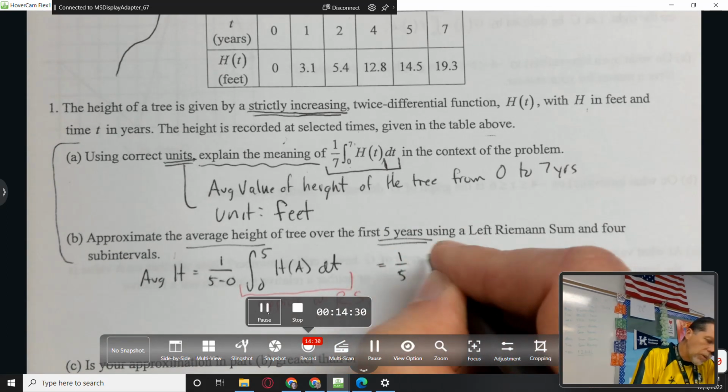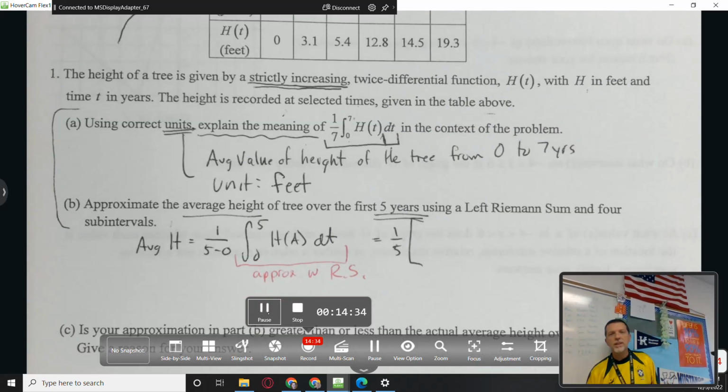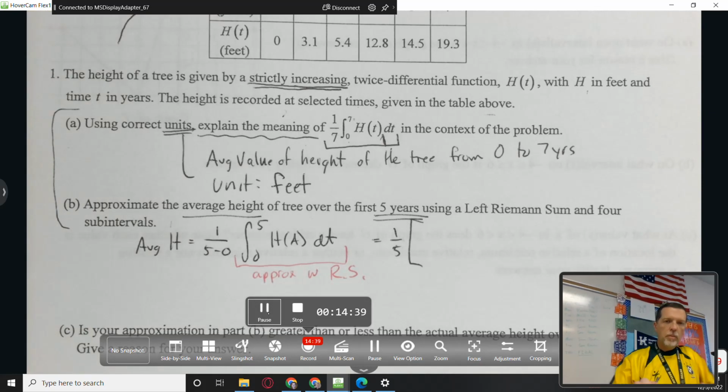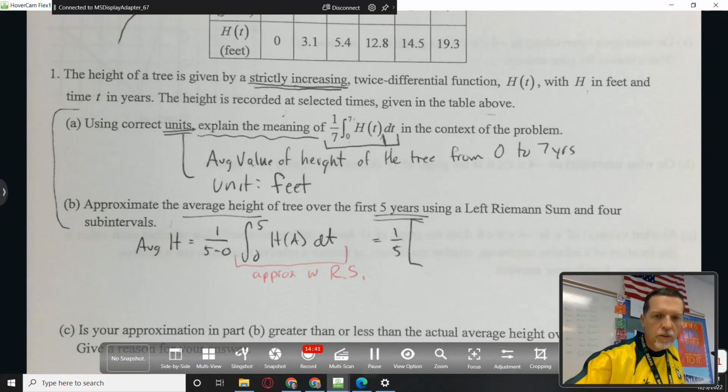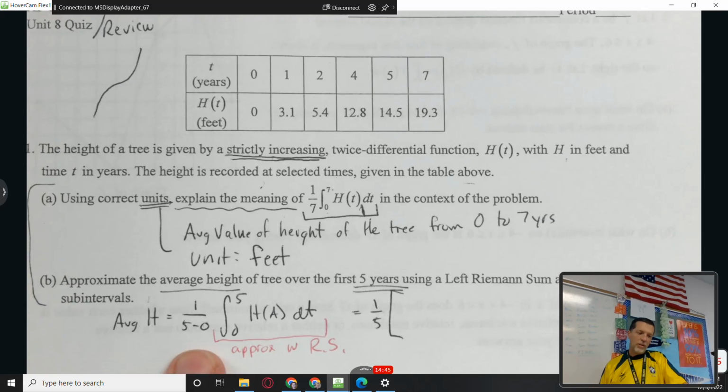So 1/5 out front, and then we'll approximate the integral with the Riemann sum. And we better be careful because the table goes to 7, but we want to stop at 5.